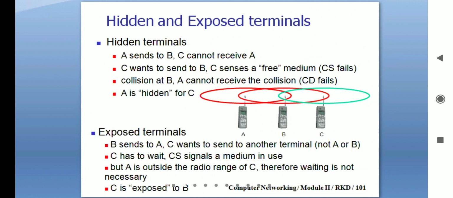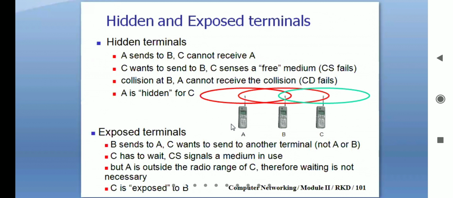Now I can see here A sends to B. Whenever A sends some data to B, C cannot hear because C is far away. And whenever C wants to send data to B, A cannot hear.